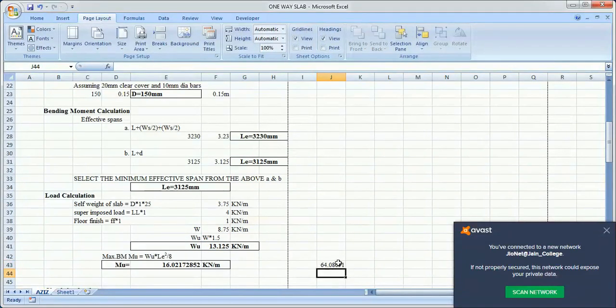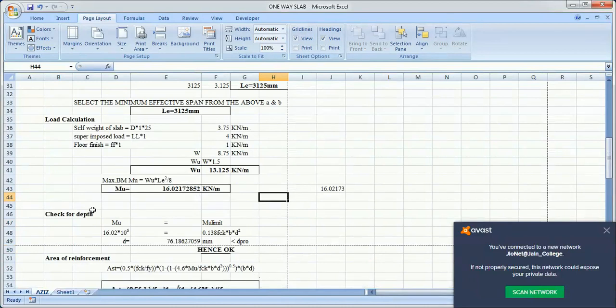Okay, you can check here. So W L square by 8 you have to give, I have taken 2. Okay, you can check here. So W is this 13.125, L is 3.125 square, divided by 8. So we got the ultimate bending moment Mu.